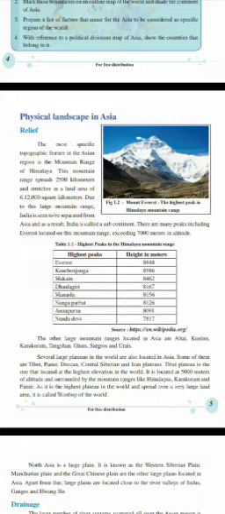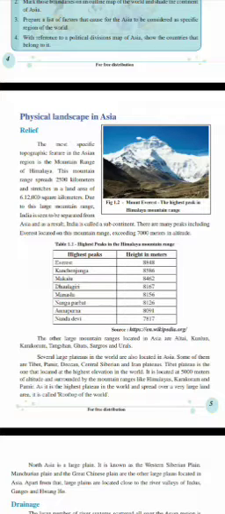And the Himalayan mountain range is important. This mountain range spreads 2,500 km and stretches over a land area of 612 thousand square kilometers. The world's highest peak, Everest, is located here. Now let's talk about the highest peaks in the Himalayan mountain range.